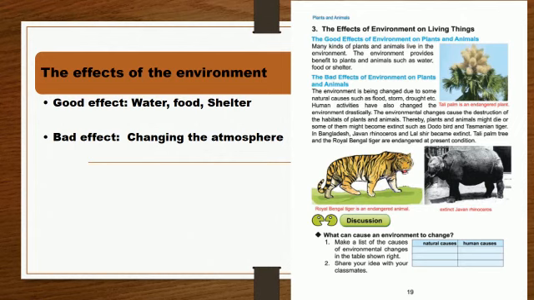And because of this, some kind of animals are also becoming extinct, like dodo bird, and some kind of tiger are also becoming extinct day by day. So when there is storm or flood, many animals and birds and also plants die. So this environment also has some bad effect on the plants and animals.